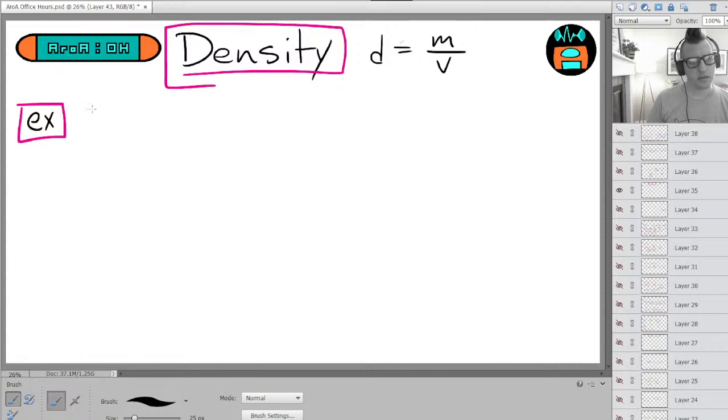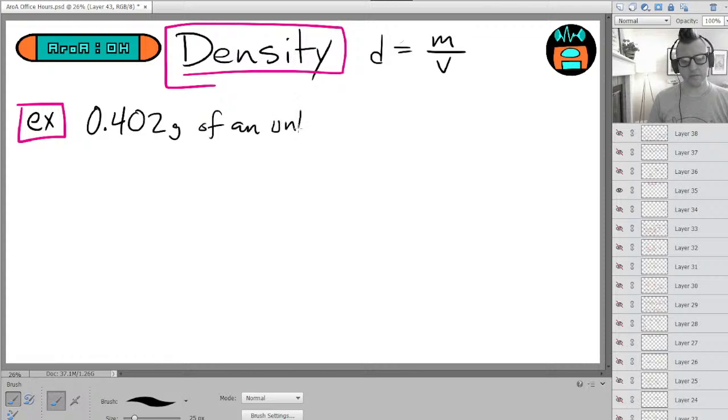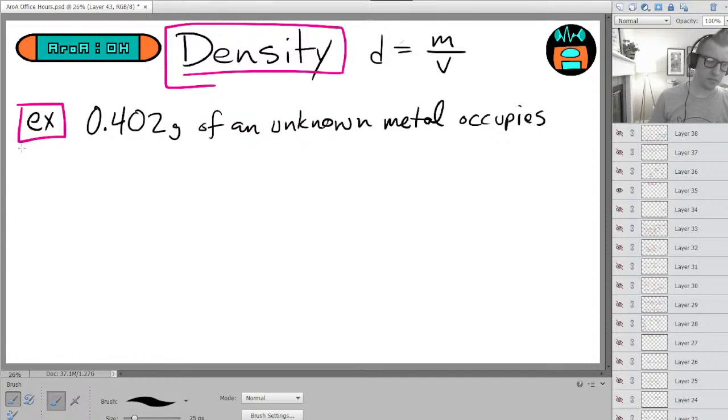All right. 0.402 grams of an unknown metal occupies 0.908 milliliters of space.